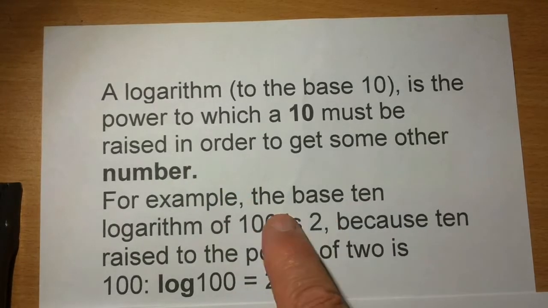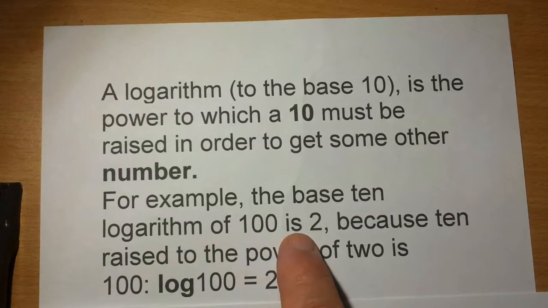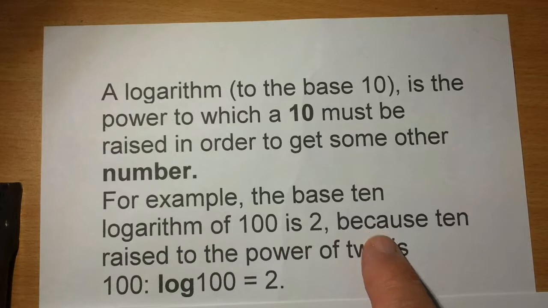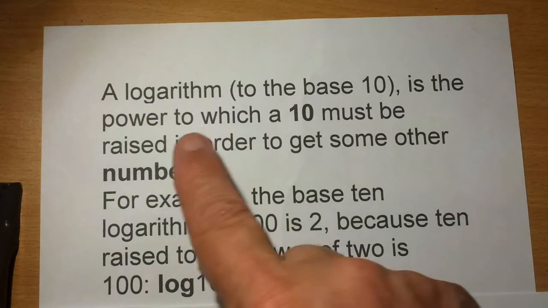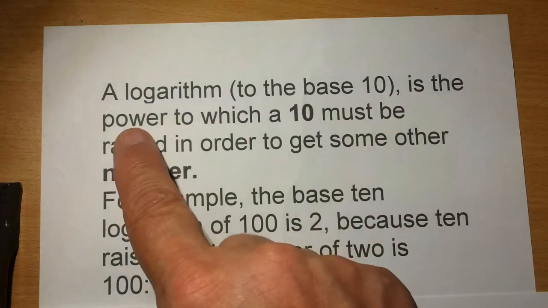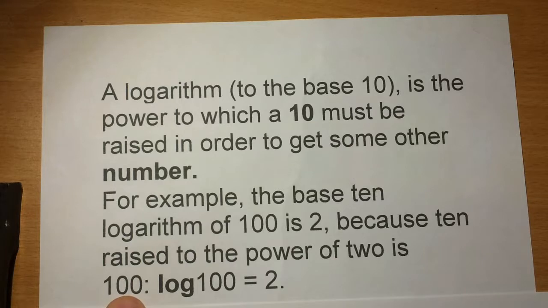The base 10 logarithm of 100 is 2. Why? Because 10 has to be raised to the power of 2 in order to get the other number, 100. So 10 to the power of 2 is 100. That's what it's saying up here: it's the power to which the 10 must be raised in order to get this other number, 100.